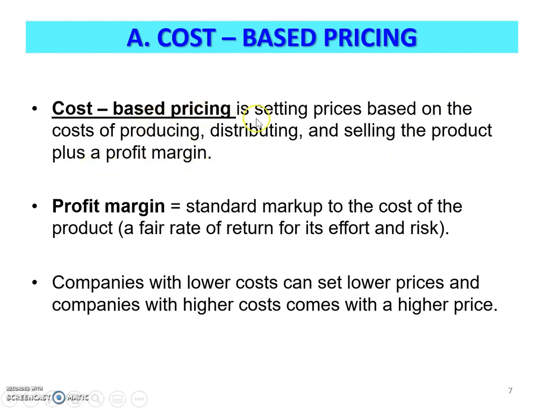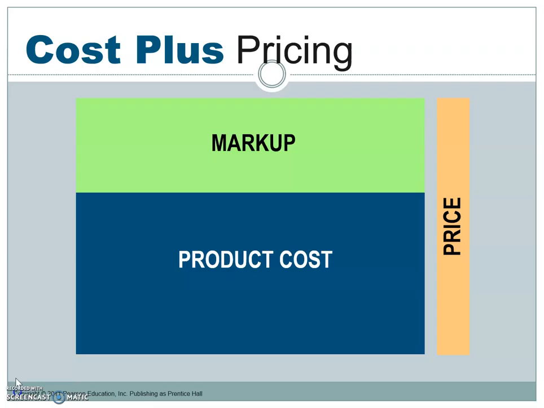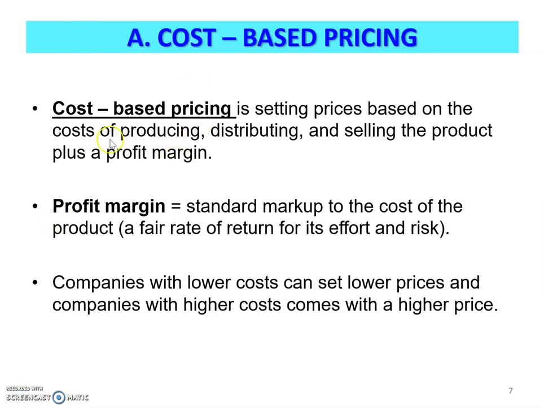As we showed in the diagram just now, we calculate everything on our cost, all the costs incurred in producing the product, and then we put up the markup, and the total is the price. The markup is the profit margin. So what is profit margin?